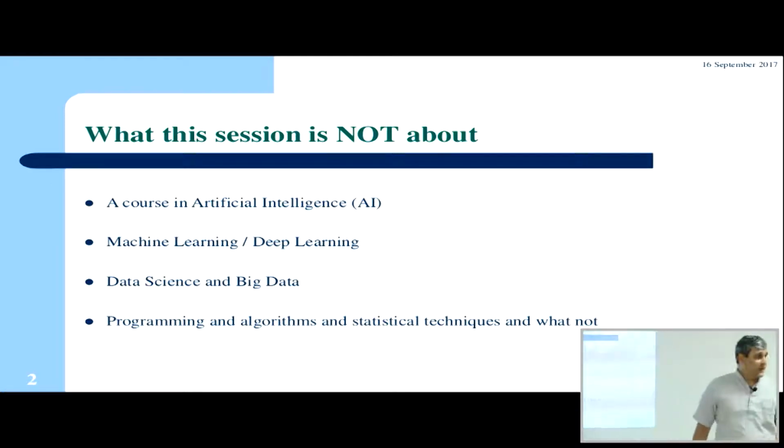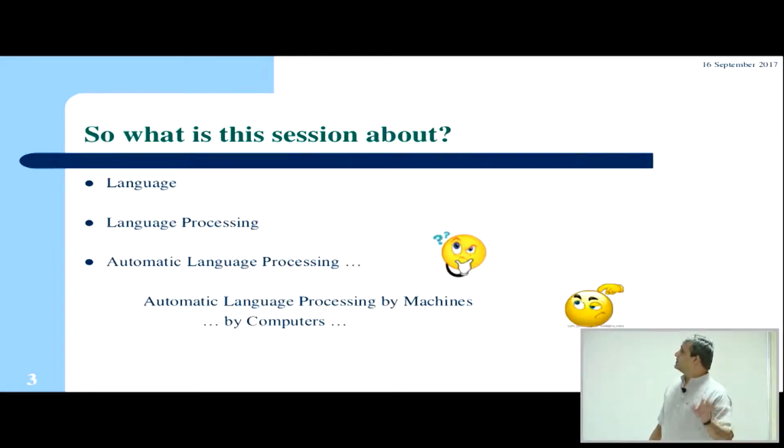So what is this session about? It's about language, pure language, nothing but language. All of us know what language is, right? Yes or no? Yeah, I guess so. So what is it, by the way? What is language? It's a medium of communication, yes, but that's not enough.